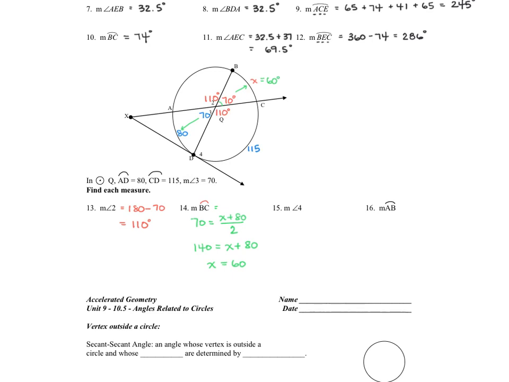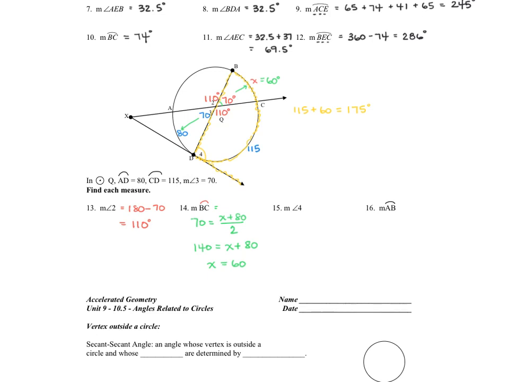If I want to find the measure of angle 4, I need to follow its sides out and see that it intercepts the arc from B through C all the way to D. That arc is 115 degrees plus 60 degrees, which is 175 degrees.